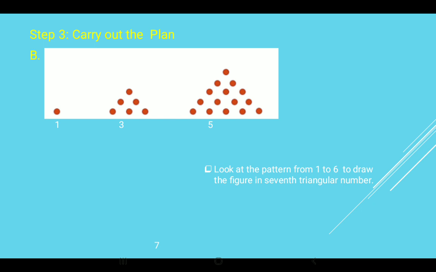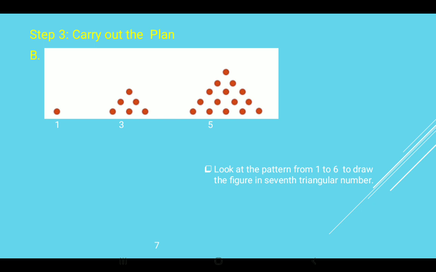Letter B. Look at the pattern from figures 1 to 6 to draw the figure in the 7th triangular number. So, dahil may nakita tayong pattern kanina na kung ano yung mga numbers lang na nakapaloob sa kung anong term yung hahanapin natin, yun lang ang pagpa-plus-plusin natin.